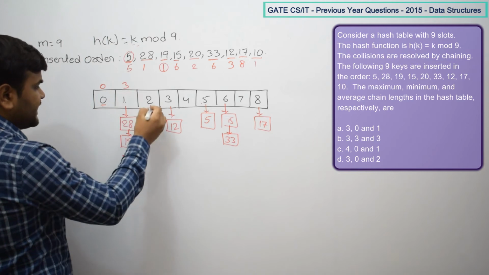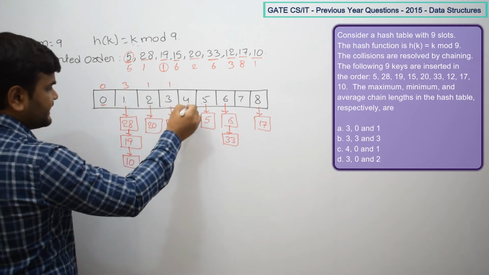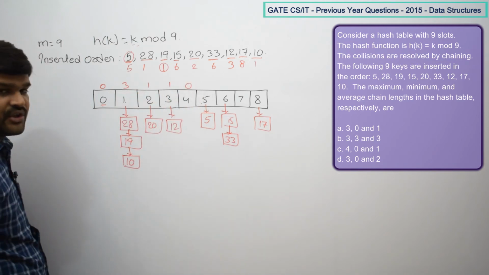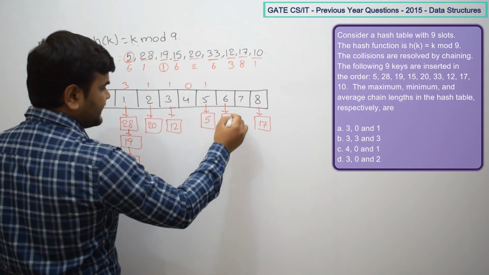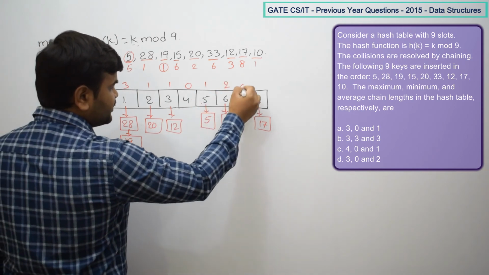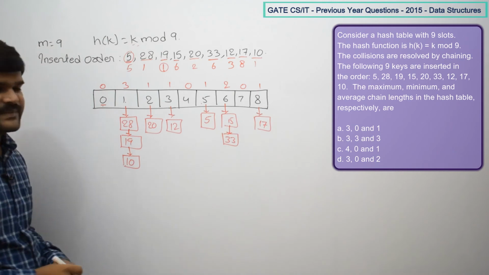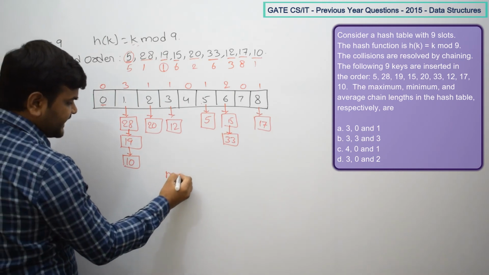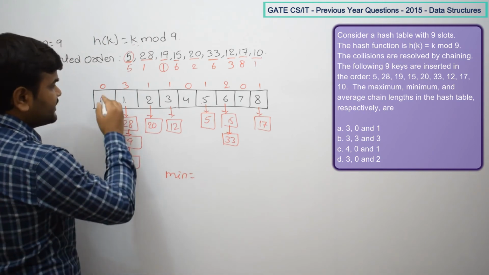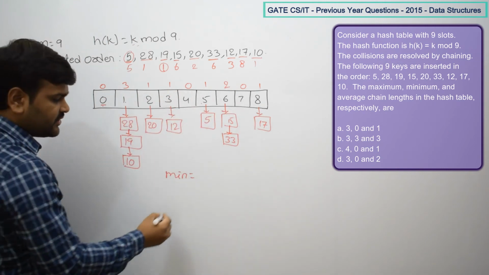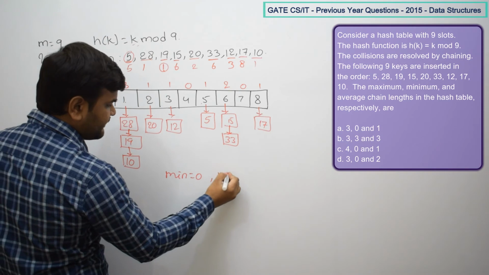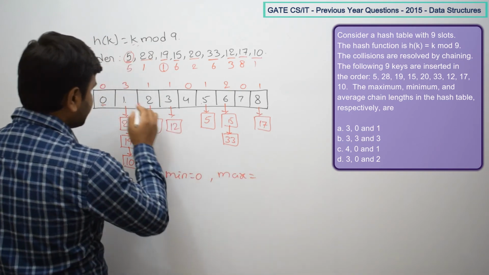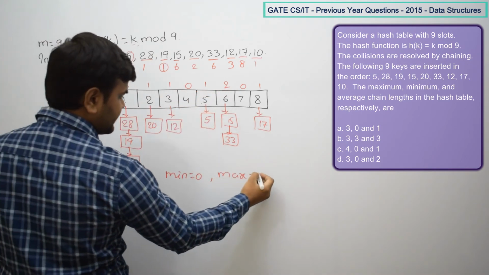Then here 1, here 1, here there is no element so 0, here 1, here 2, 0, 1. Now what is the minimum chain length? Minimum is 0, right? Next, the maximum chain length: the maximum value is 3.